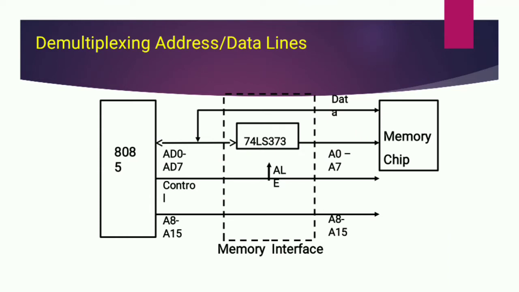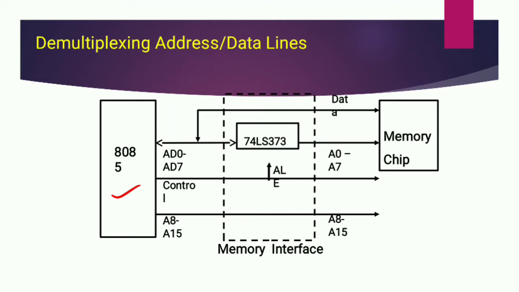Now, interfacing of a memory chip with the microprocessor. The programs and data executed by the microprocessor have to be stored in ROM, EPROM and RAM, which are basically semiconductor memory chips. The microprocessor needs to access memory quite frequently to read instructions and store data in memory.